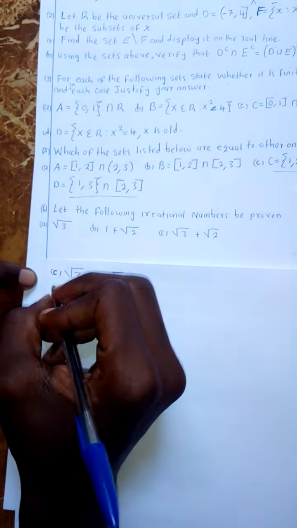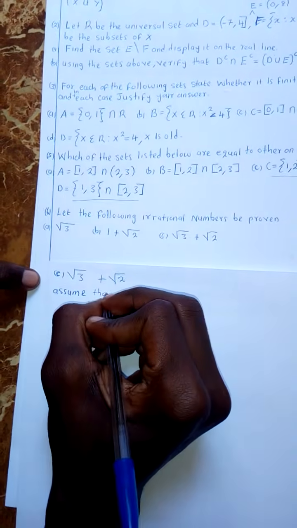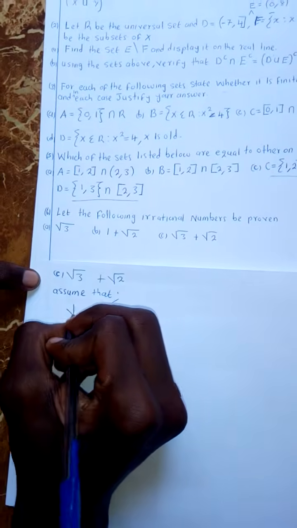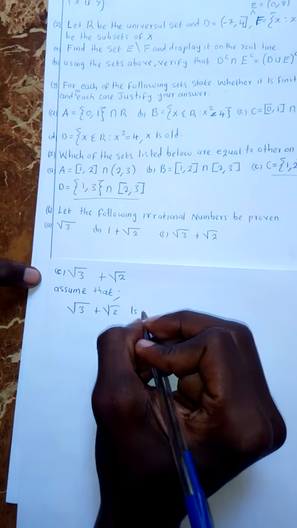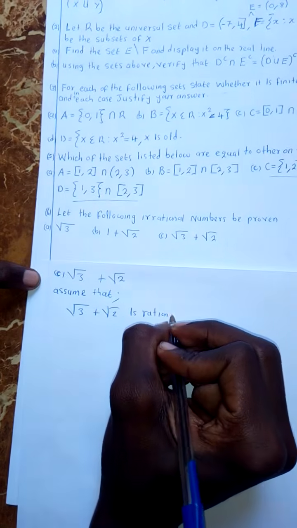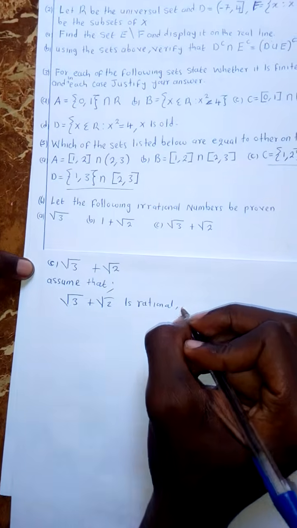So we are going to assume that the root of 3 plus root of 2 is rational. Okay, contradiction method.